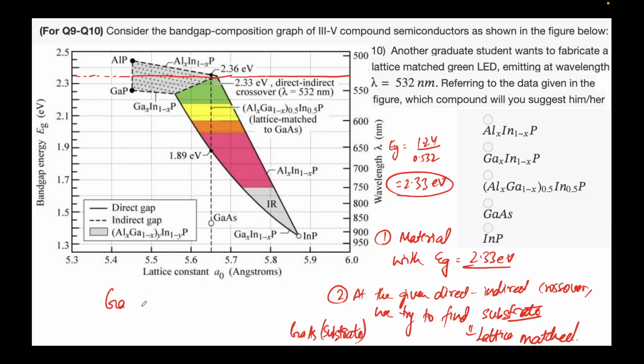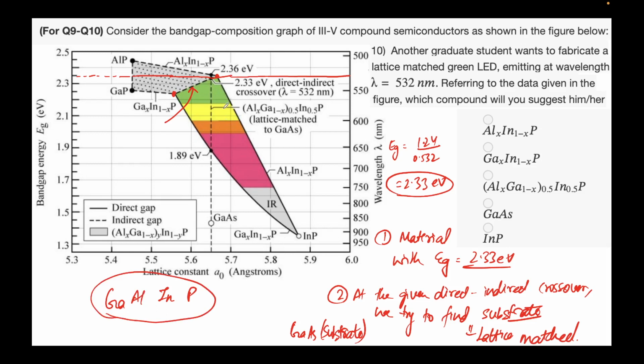I only know that it's a quaternary alloy: gallium, aluminium, indium phosphide. Again I repeat, we have to trace this line, follow this line. This line is starting from here to here. And what are these two lines? These two correspond to aluminium phosphide and indium phosphide. The top line and the bottom line correspond to gallium phosphide and indium phosphide. Hence these four elements have to be there, right?